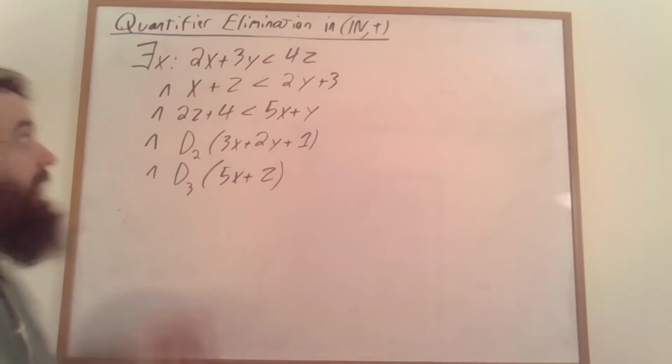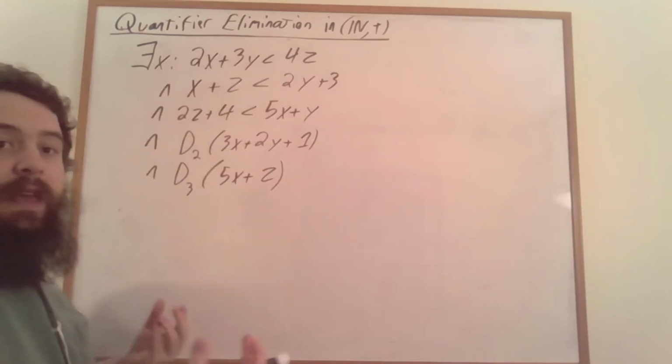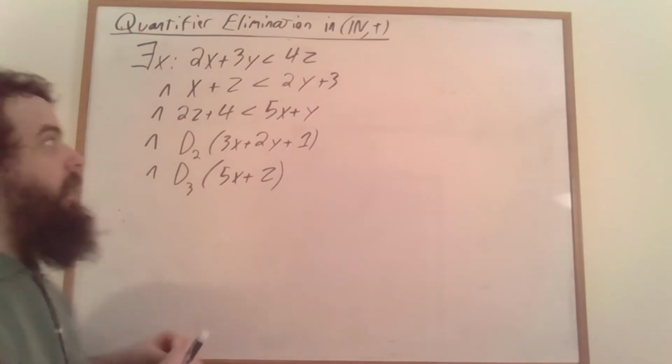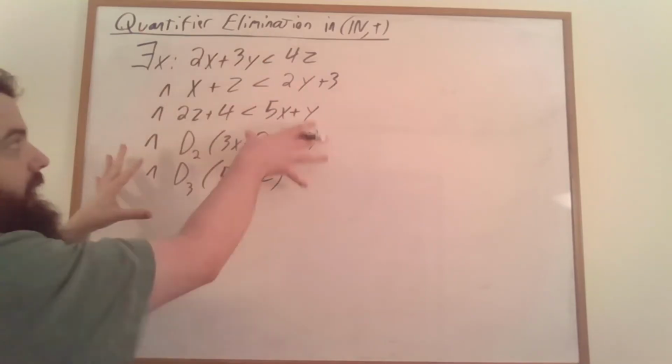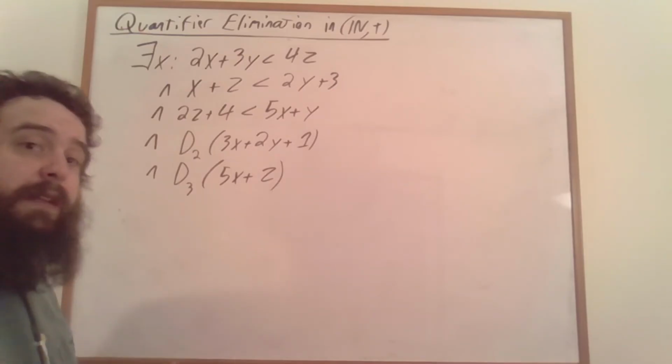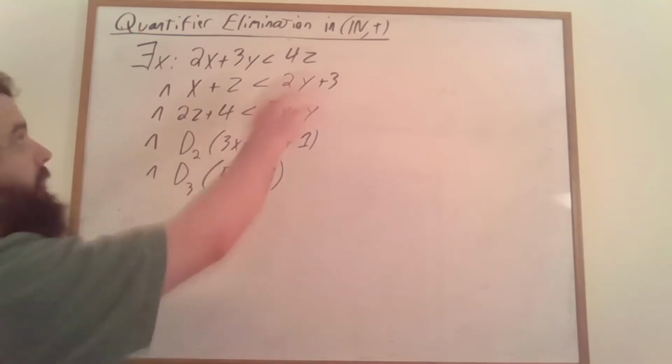And so we can say that this is true if and only if an or over all of the possible candidates of this bit here is true, which will be a long but finite Boolean combination of atomic formulas involving just y and z.